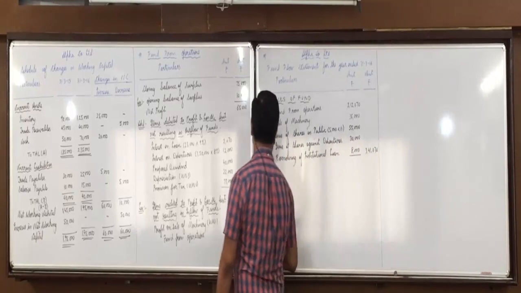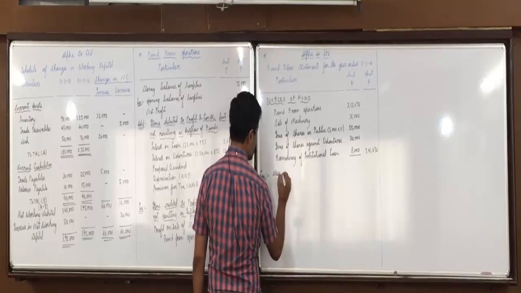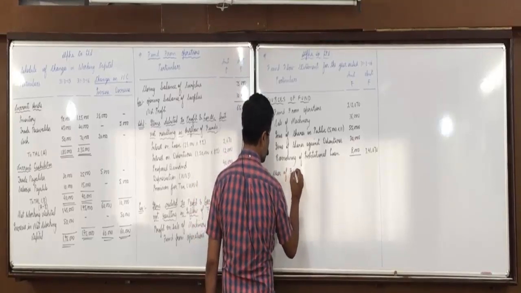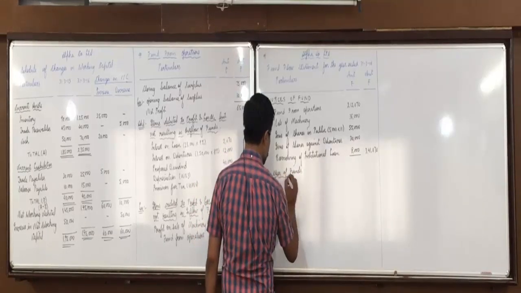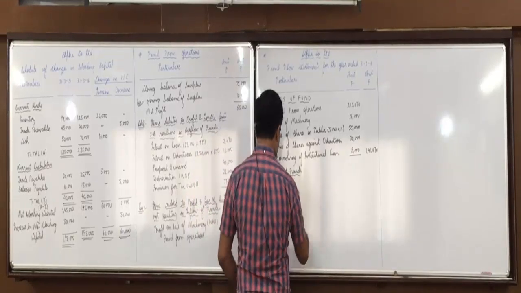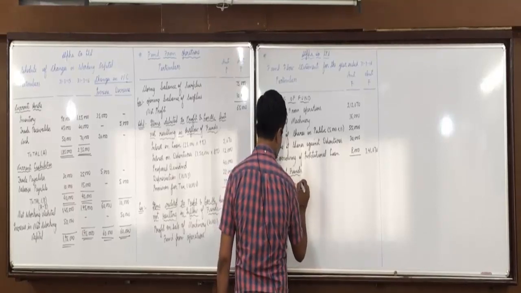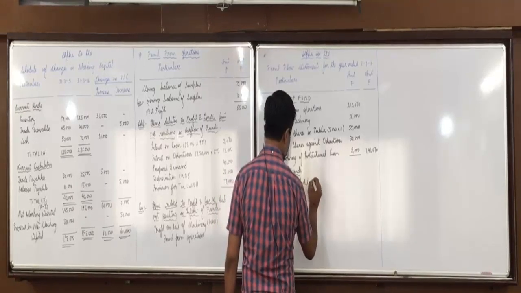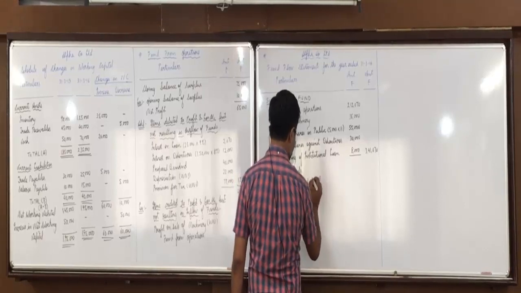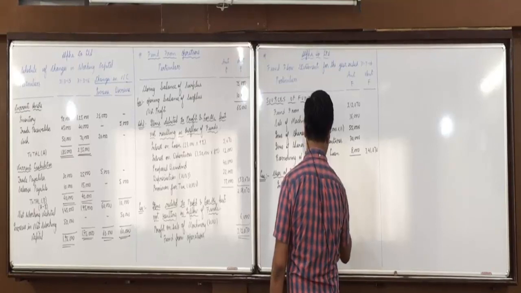From that we have to subtract uses of funds. Now on the liabilities side, interest on institutional loan we have marked as uses of fund, that is 2070.